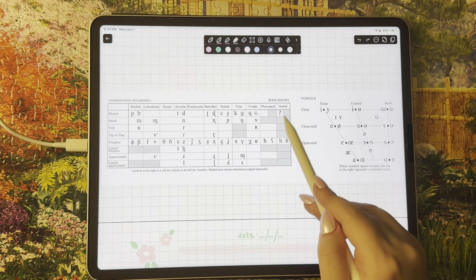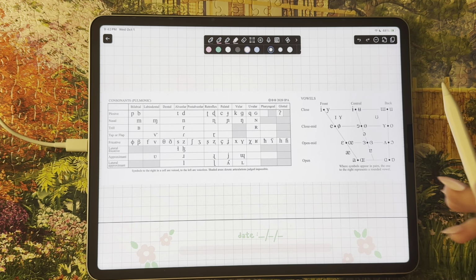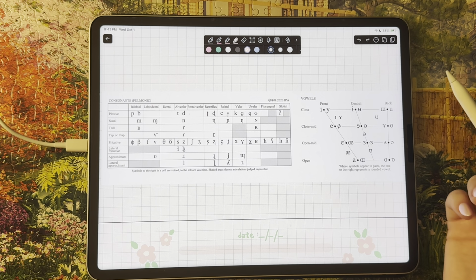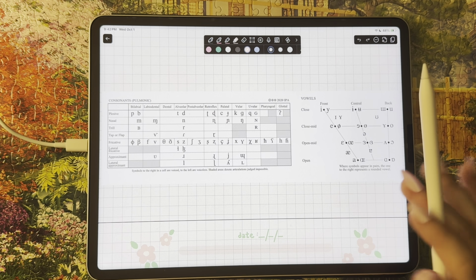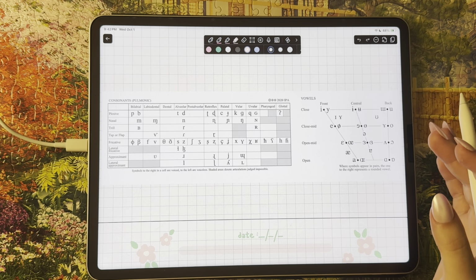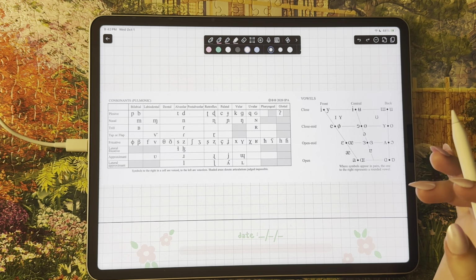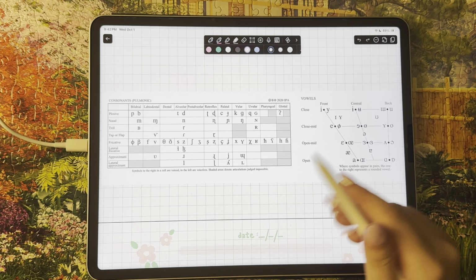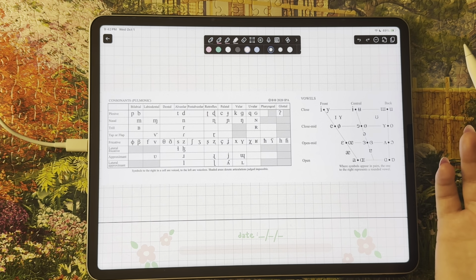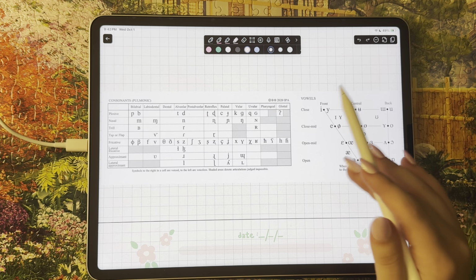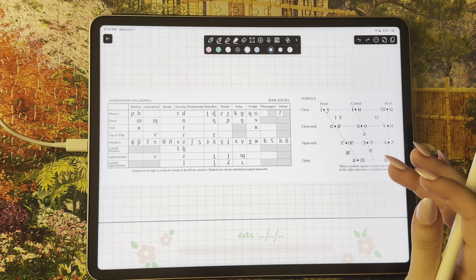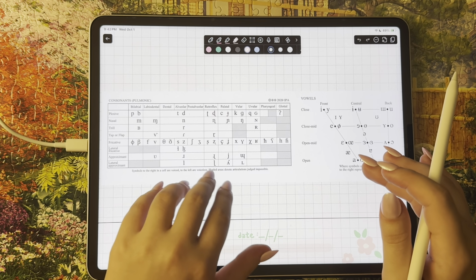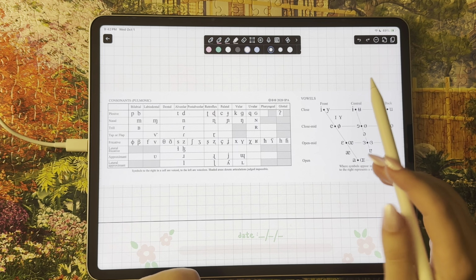However, this question mark looking guy is a glottal plosive, and we actually use it quite a bit in English. For example, in kitten, we don't say a clear T, but usually we say it with that kind of glottal sound.